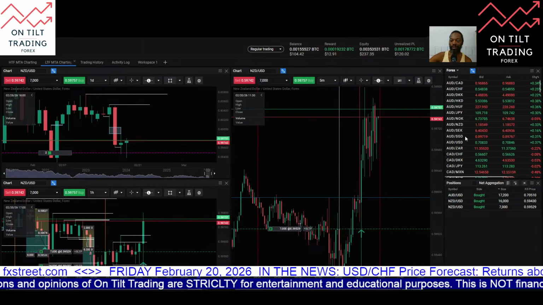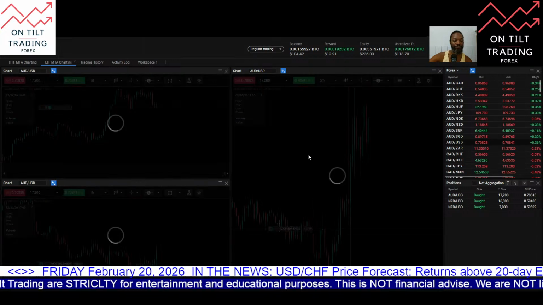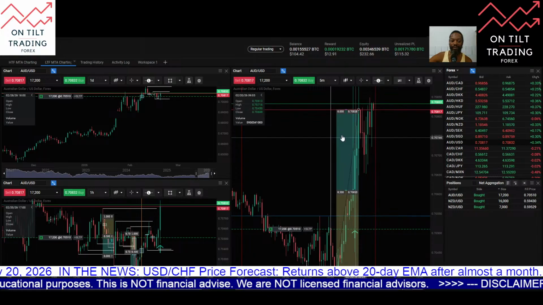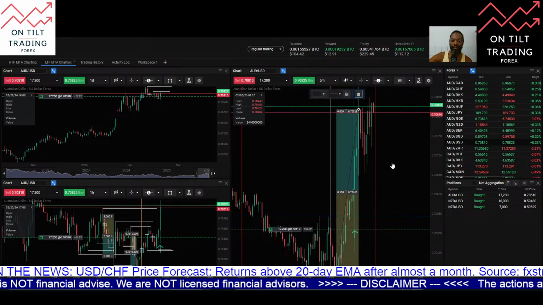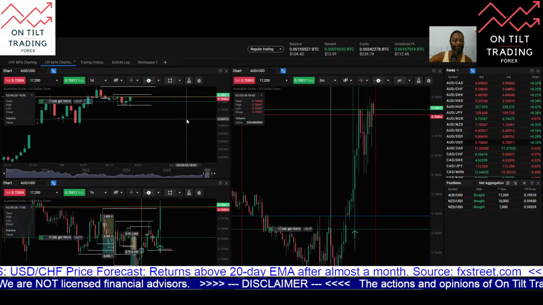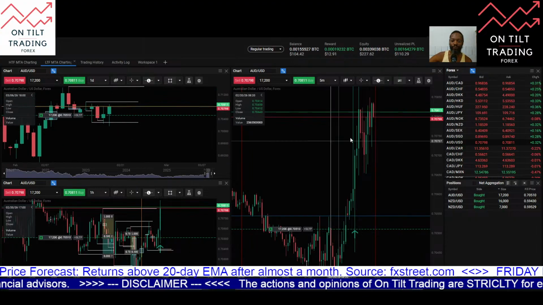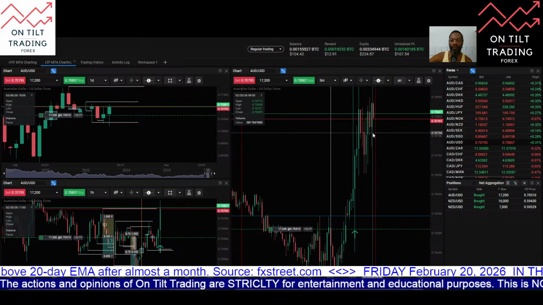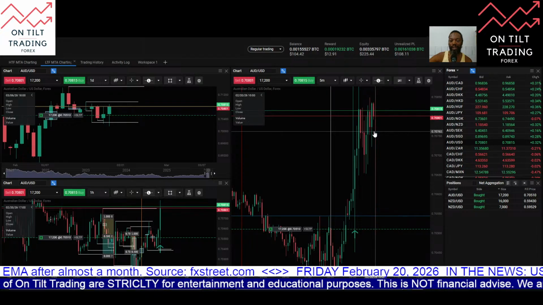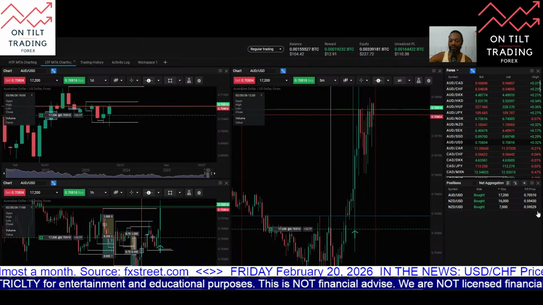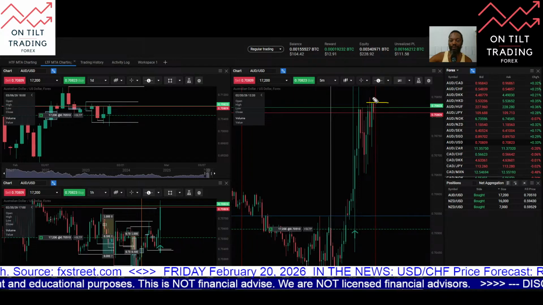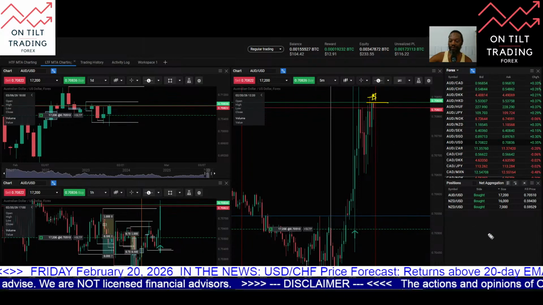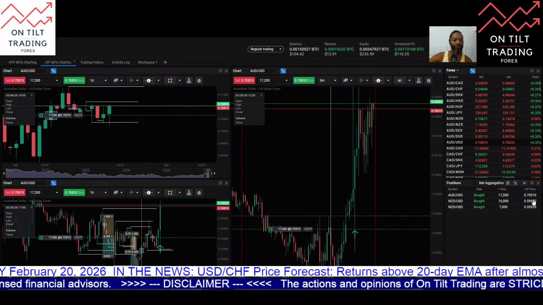Head back over to Aussie dollar here. Aussie dollar still showing buy side delivery here. I'll remove this Fibonacci retracement tool, don't need that. You can see price putting in another set of equal highs here. So another target where liquidity is going to be resting up here, and then price can redeliver into that area and sweep that.